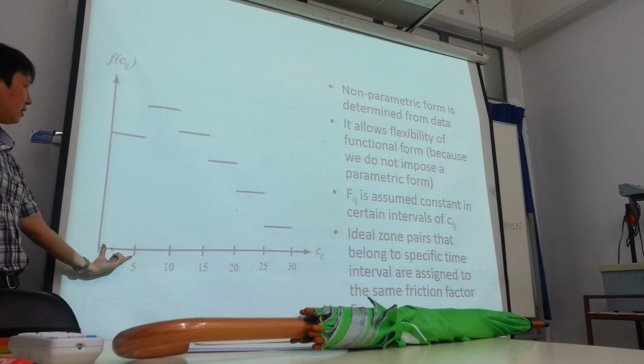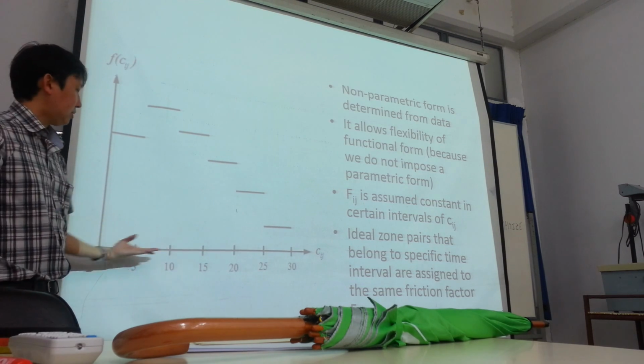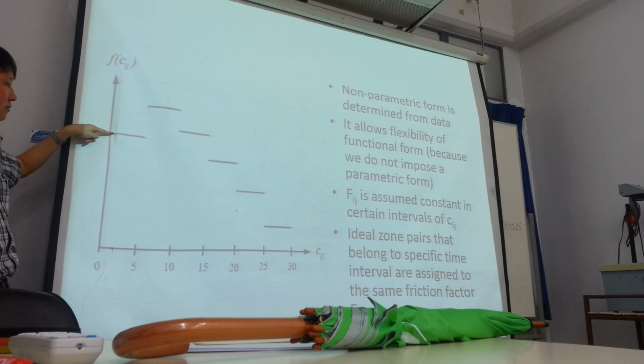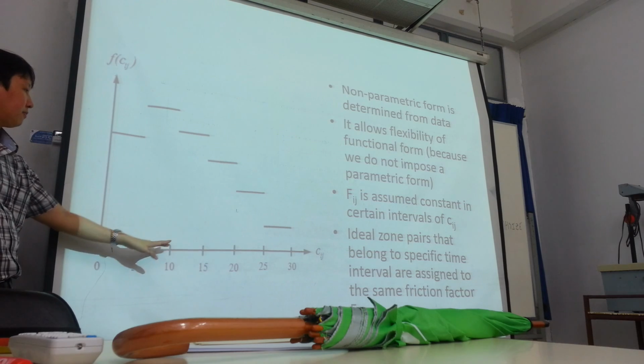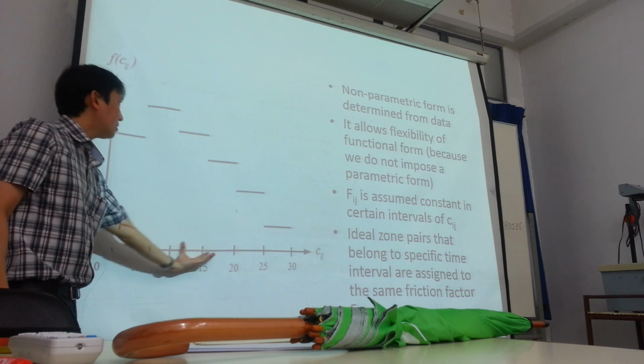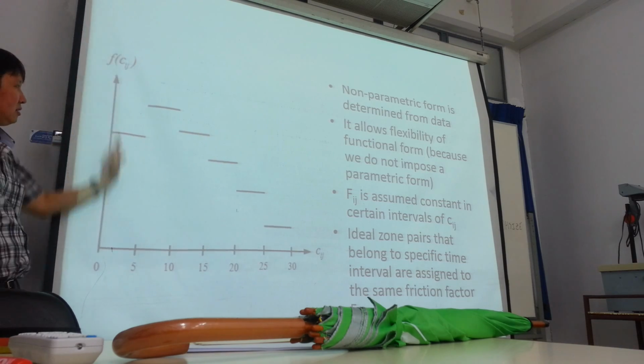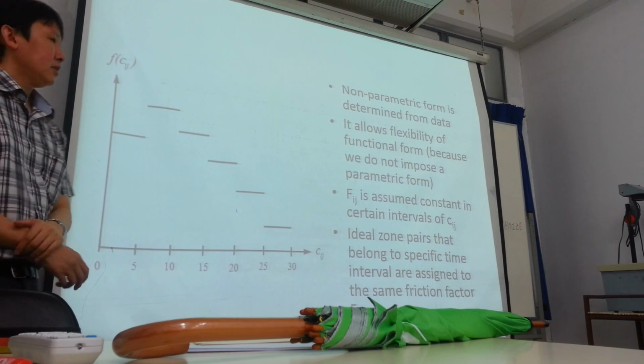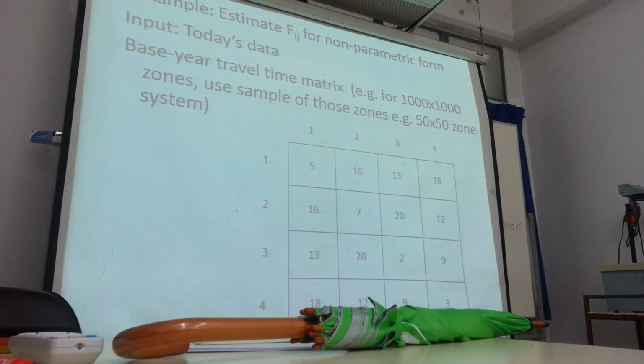Between 0 and 5 for the travel cost, the friction factor has the same value. When cost is higher, the friction factor jumps up and then down. So we're going to develop this, and the process is explained in detail in the PowerPoint.